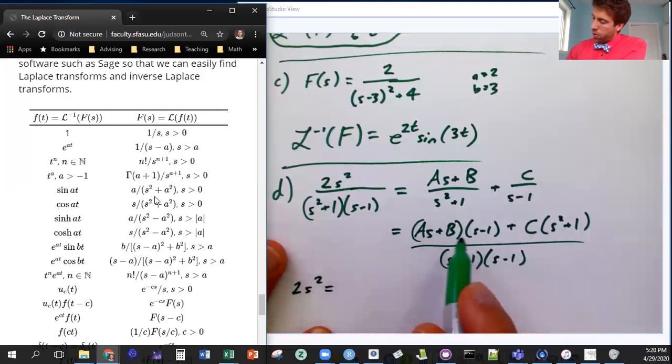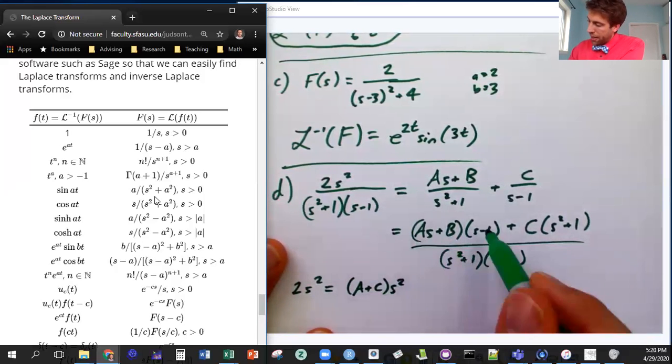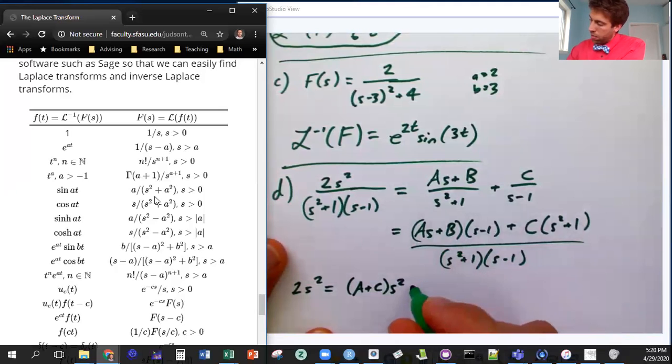so let's FOIL this. So let's just get our s squared term. My s squared terms are going to be, there's an A and a C. So A plus C, s squared. Then what sort of s terms do I have? I have a B, I have a negative A, that's it. B minus A, s. And then what sort of constant terms do I have?